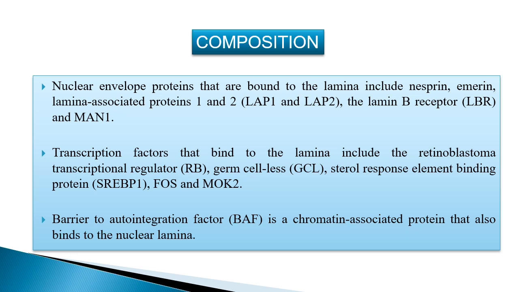Transcription factors that bind to the lamina include the retinoblastoma transcriptional regulator RB, germ cell-less GCL, sterol response element binding protein SREBP1, FOS and MOK2. Barrier to autointegration factor BAF is a chromatin associated protein that also binds to the nuclear lamina.